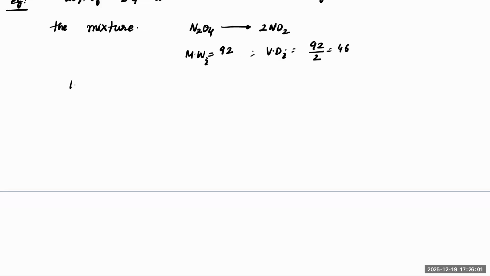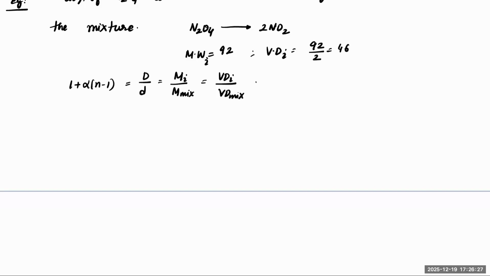So we have to use this value now. That is 1 plus alpha into n minus 1 is equal to capital D by small d. This is what we got ratio wise. Can I write this as initial molecular weight by molecular weight of the mixture, or initial vapor density divided by vapor density of the mixture?